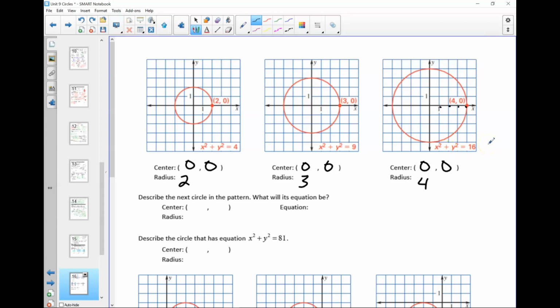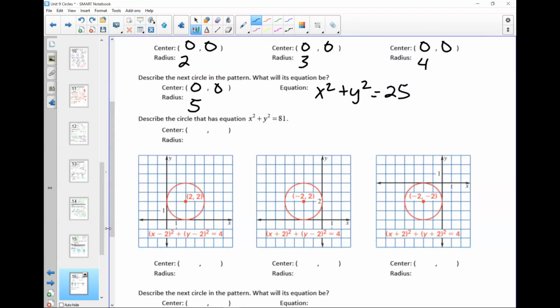So if we describe the next circle in the pattern, what will this equation be? Well, the center is still going to be (0, 0), but we went from 2, 3, 4, so the radius will be 5. So x squared plus y squared equals 25. 2 squared was 4, 3 squared was 9, 4 squared 16, 5 squared gives us 25.